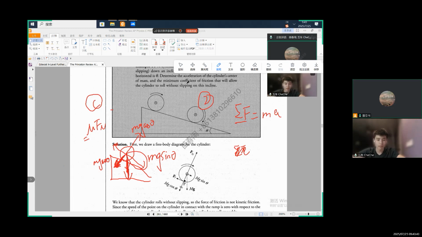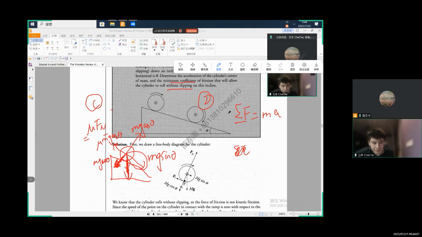That's why, without slipping, it's static. So it's mu Fn, which also means the mu is in the question, so we're probably going in the right direction. Mu times Fn is mu mg cos theta, as we just said. Does that make sense? Yes.